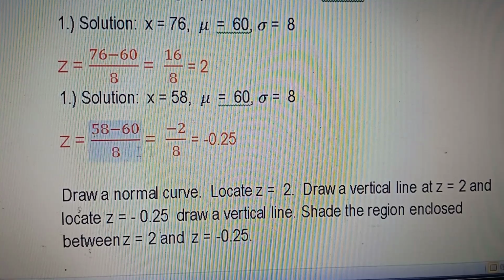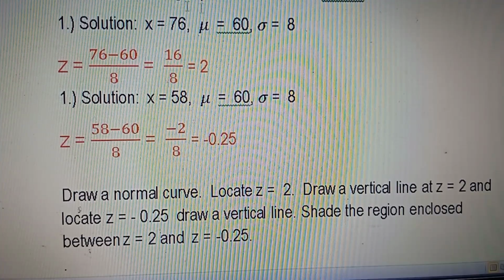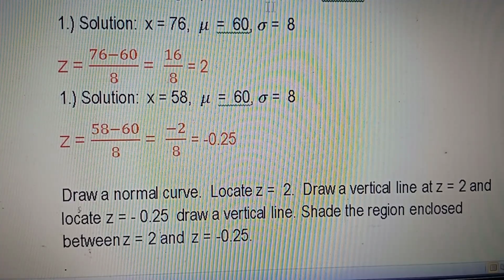So, it's just here. Another one is because we are getting the part of the group between scoring 58 and 76. So, we also get the area of the second one.